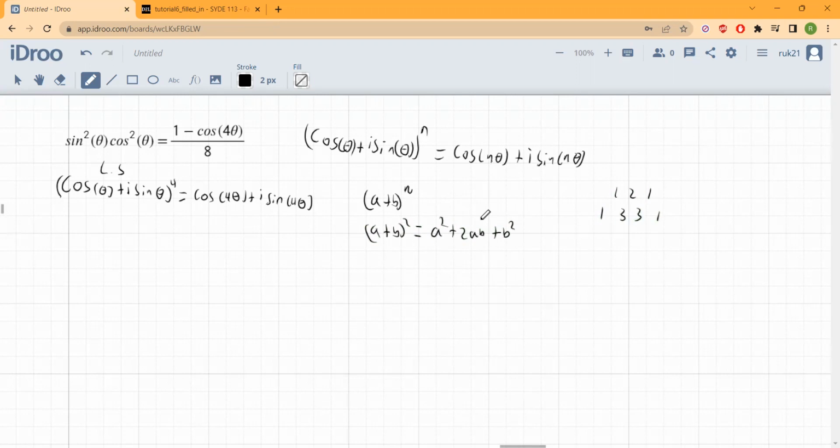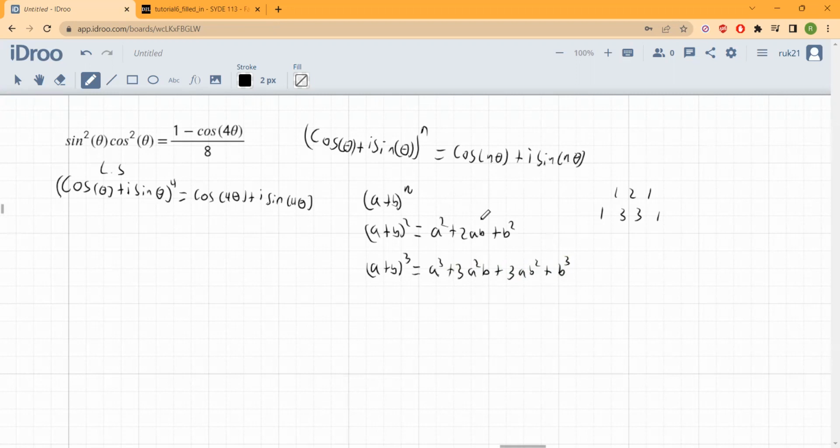These are the coefficients, so a plus b cubed is a cubed plus 3a squared b plus 3ab squared plus b cubed.